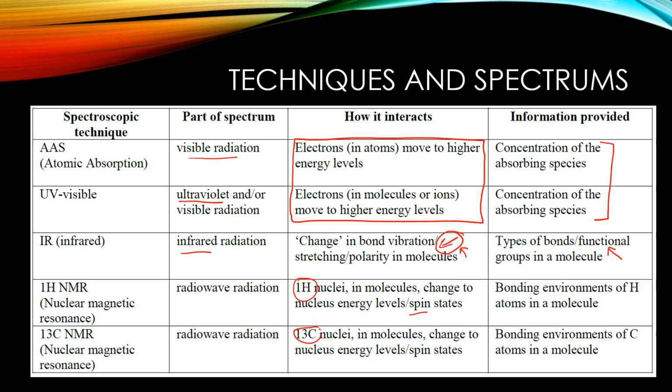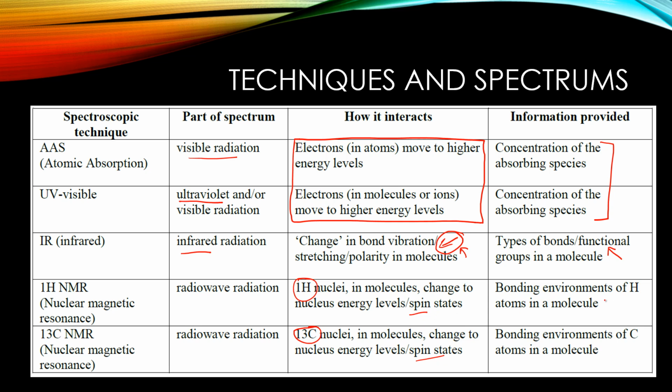And 13C or carbon-13, it has 6 protons but 7 neutrons, and as a result there's an odd number of particles in the nucleus. And they have spin, and when there's an odd number of particles with spin, there's going to be one particle that shows a certain spin state.